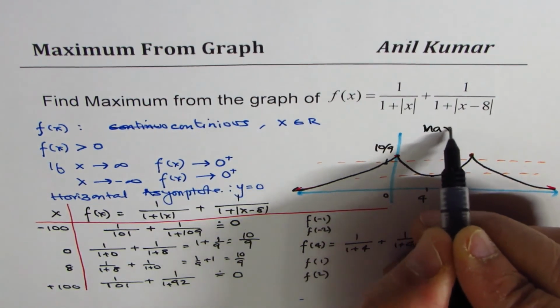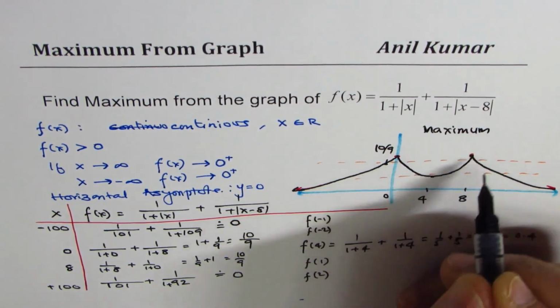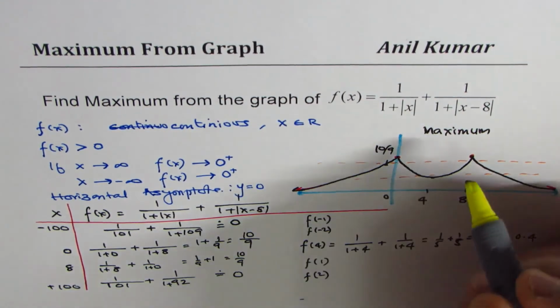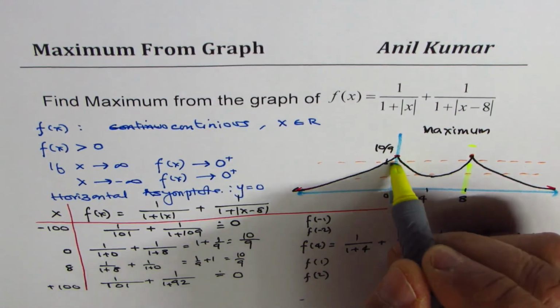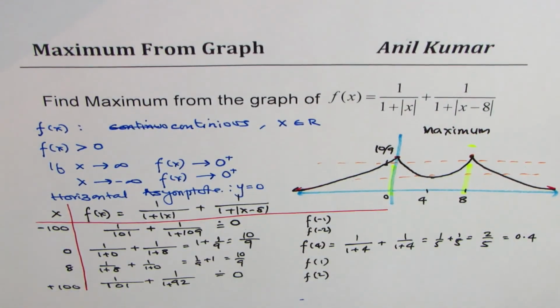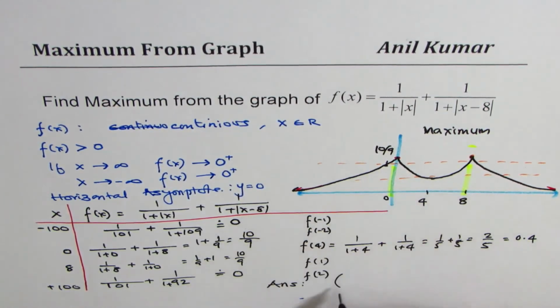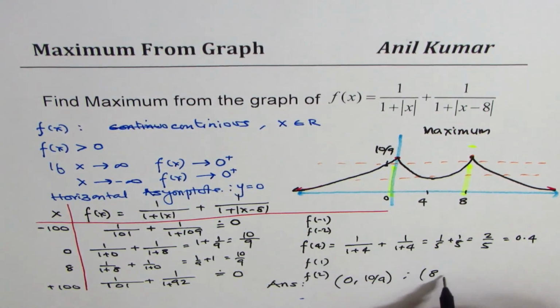So you can say the maximum is at these 2 points, at x equals 8 and at x equals 0. From here we have the answer: the maximum will be at (0, 10 over 9) or at (8, 10 over 9). Is it okay? So the maximum value is 10 over 9, which you can see from the graph.